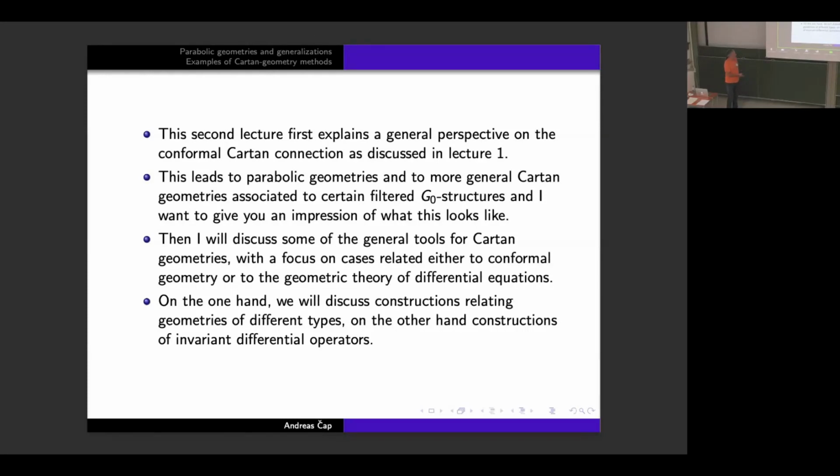So the first class of general methods that I will discuss is constructions relating geometries of different types. And then I will discuss a bit about constructions for invariant differential operators.